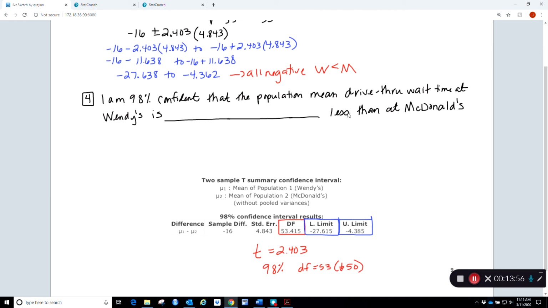So now that I've said that, I can pretty much pretend that those negative numbers are not there. And then I'm just going to put them in the order that makes more sense. So I'm going to say is between 4.362 and 27.638 seconds less than at McDonald's.